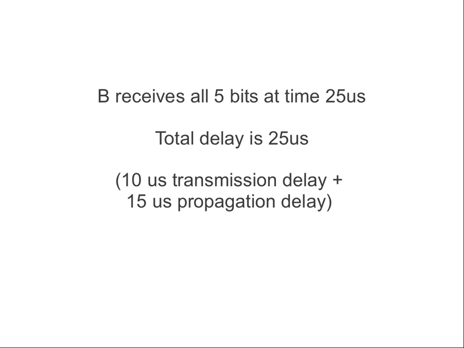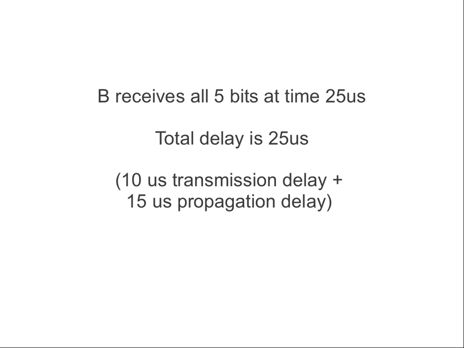Then B sends the data onto C. So we calculate the transmission delay again and the propagation delay for this link. We transmit from A to B, it propagates, then it's all received. B transmits from B to C and it propagates.